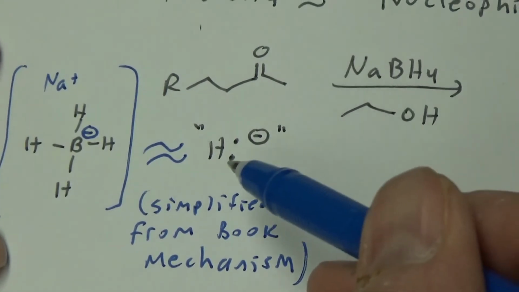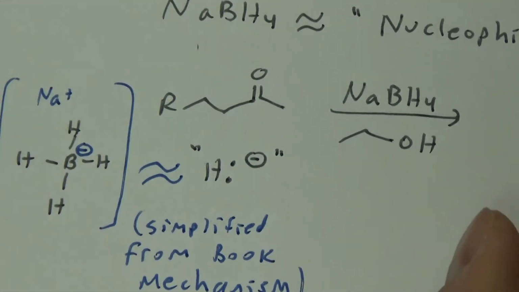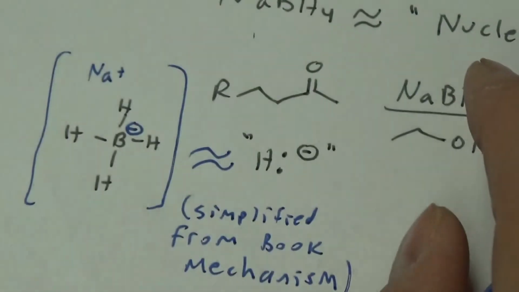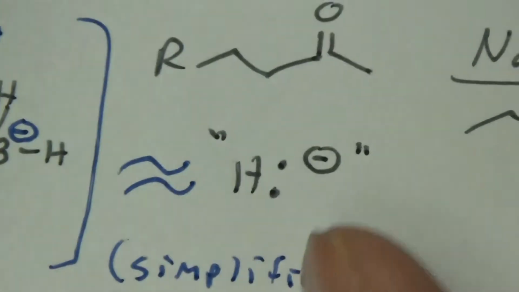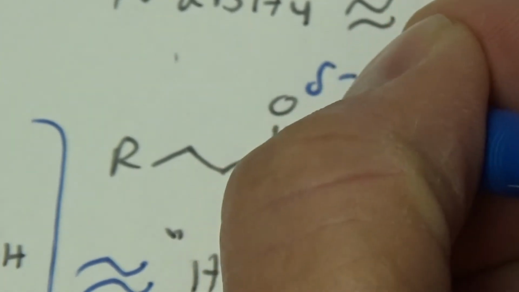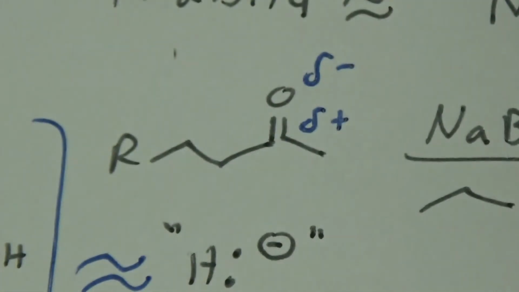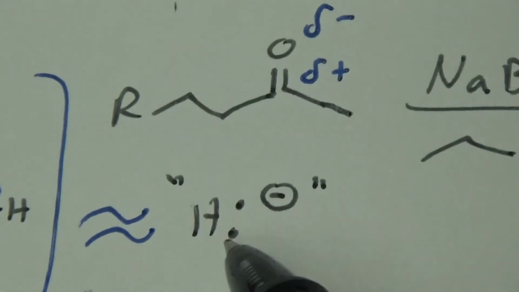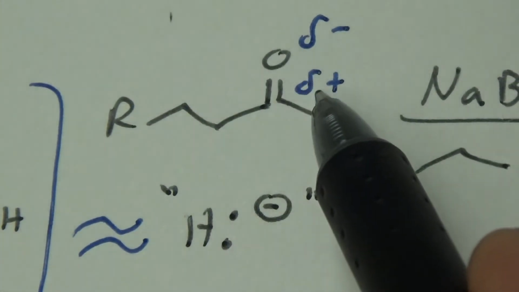So what is this H minus going to do? It's nucleophilic. It says nucleophilic hydride. So what do nucleophiles do? Nucleophiles attack stuff. What's it going to attack? What carbon might be labile for attack? If the oxygen is delta minus and the carbon is delta plus, H minus sees delta plus.